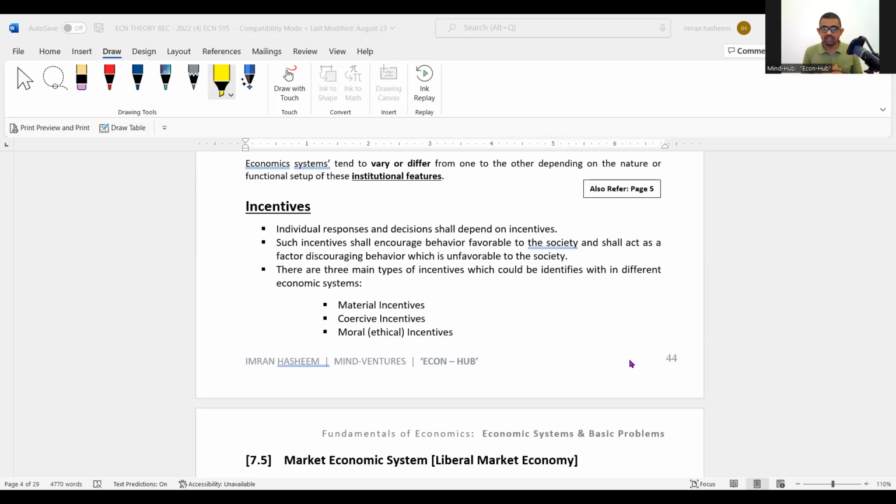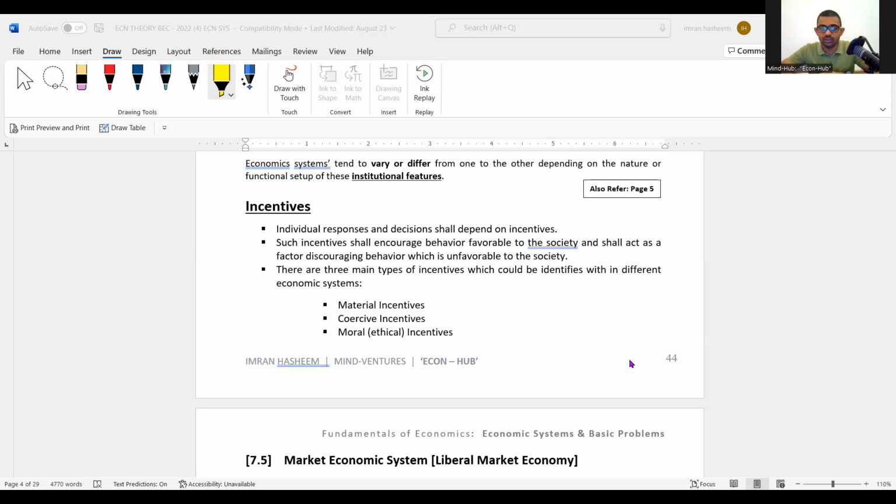Moral incentives: right thing to do, common decency, some ethical behavior, patriotism, being a good neighbor. I know you don't have space to write all that. Few of them, if you can write. Okay. Are we okay with them? Incentives. We are okay. Right. Okay.